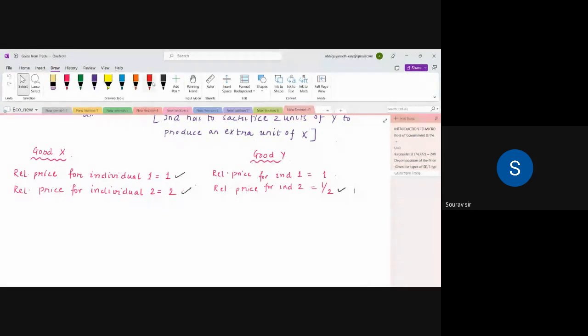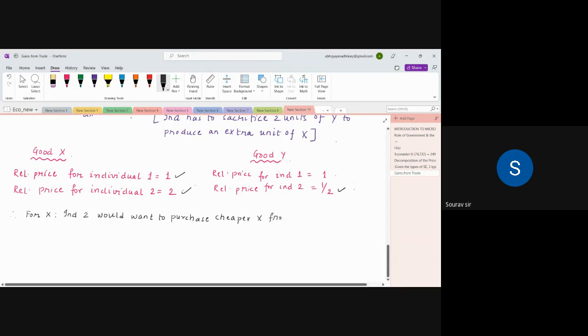Therefore, the point is that we answer, therefore, for good X, individual 2 would want to purchase cheaper X from individual 1.